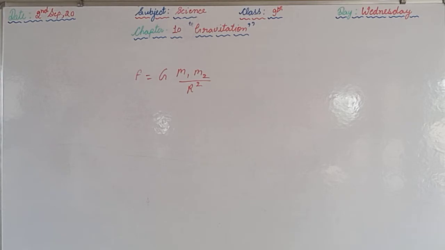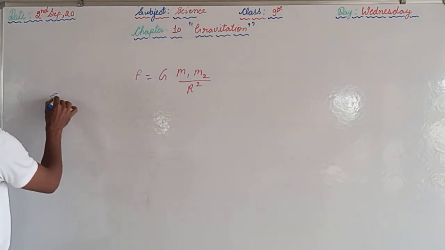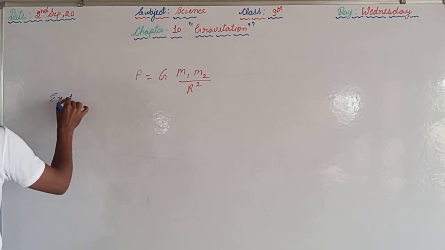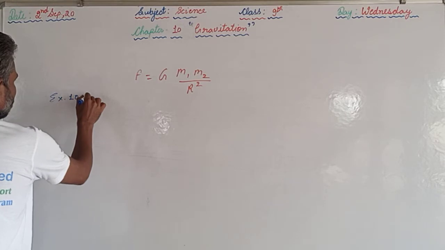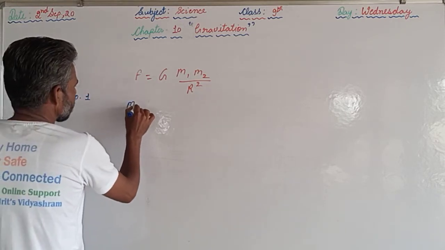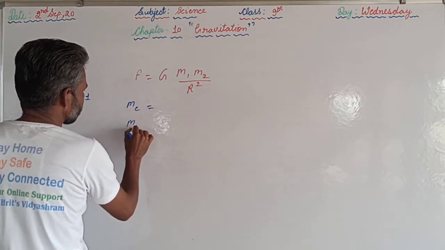So the quantities are given. Now we are supposed to find the force between the moon and the earth. So here, example 10.1, mass of the earth is given, mass of the moon is given.